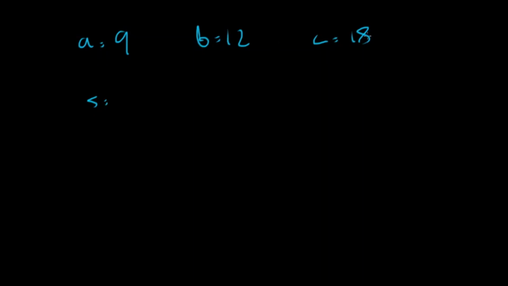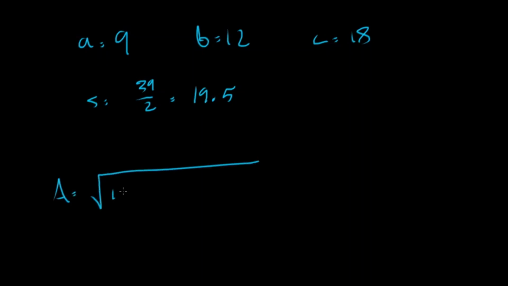So 18 plus 12, that's going to be 30. And then plus 9, that's 39. So 39 divided by 2, that's just shy of 20. That is 19.5. Sorry, it's just shy. 19.5.